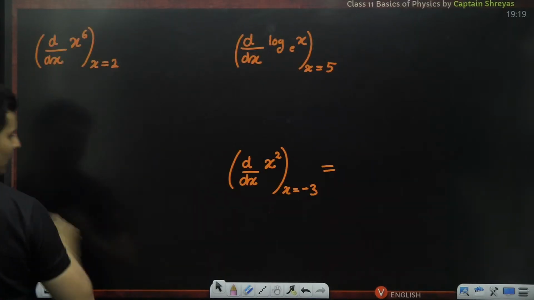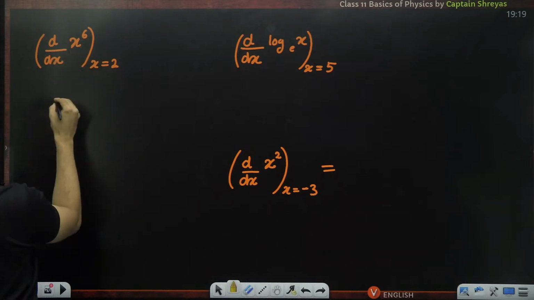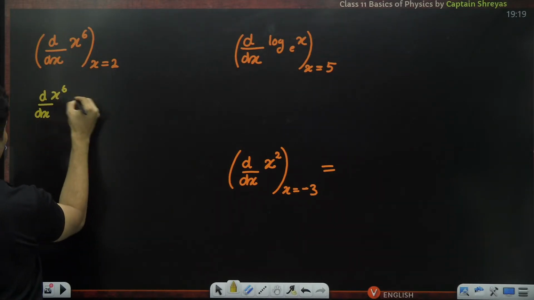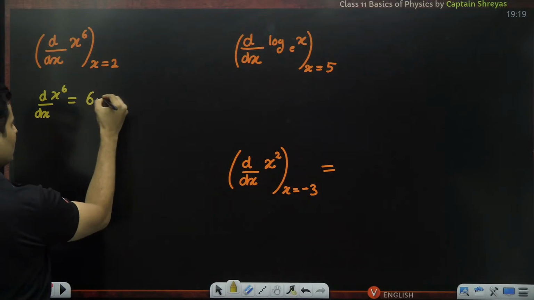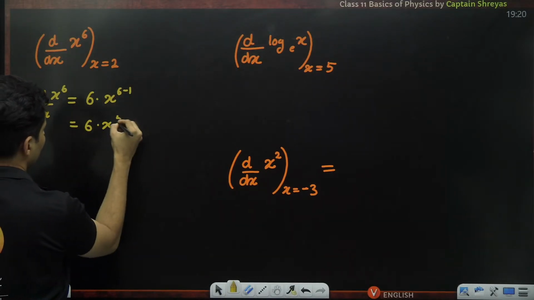So first of all, if you take the derivative d by dx of x raised to 6, using the x raised to n formula, it is 6 into x raised to 6 minus 1, which is 6 into x raised to 5.